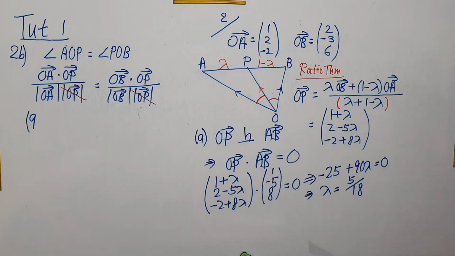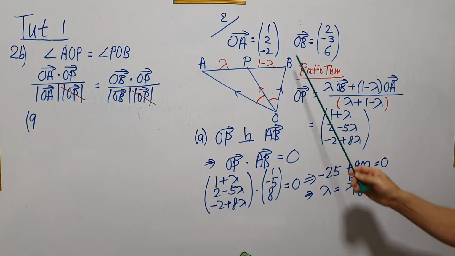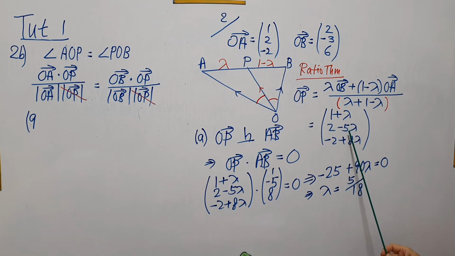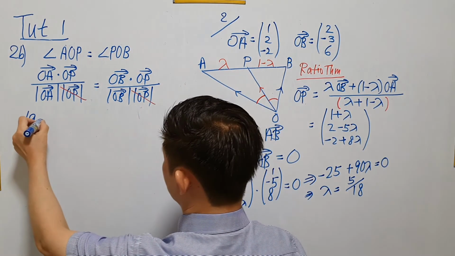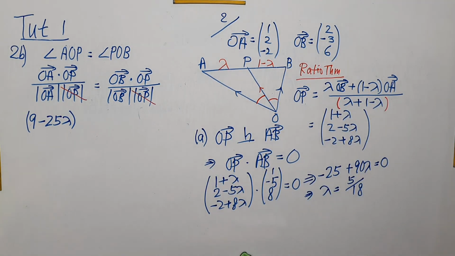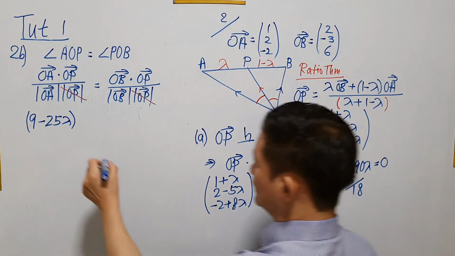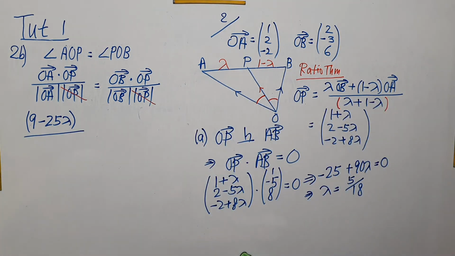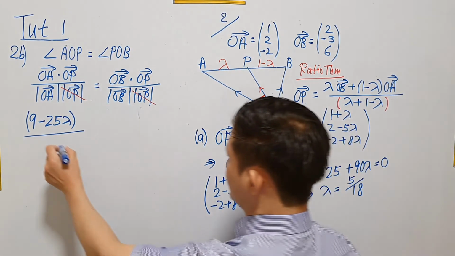And then 1 times lambda, minus 9 lambda minus 16 lambda is minus 25 lambda. That's for the numerator. For the denominator, we need the magnitude of OA. Square, square, square, added together and square rooted. So it's 3.